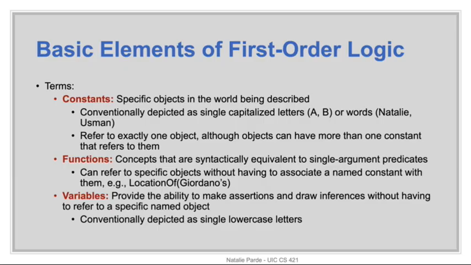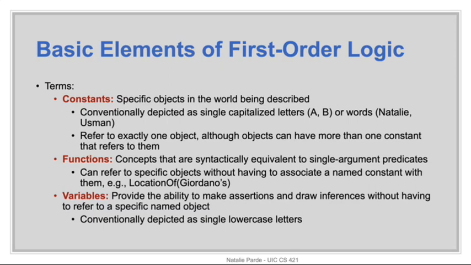Breaking down the different types of terms in a little more detail, constants are specific objects in the world being described. You'll generally see constants represented as capital letters or natural language words, and each constant refers to exactly one object. Functions are similar to single argument predicates. They can refer to specific objects without associating a named constant with those objects.